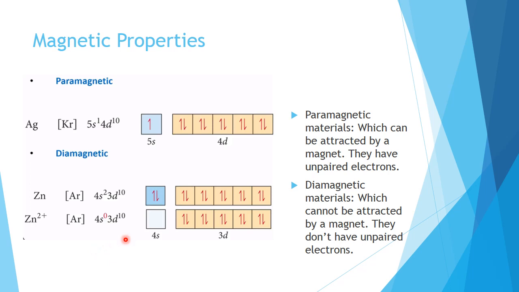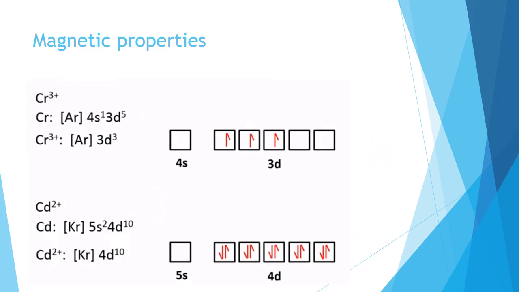Any atom or ion having paired electrons, because their spins are paired, does not have a net magnetic moment. Therefore, these materials cannot be attracted by a magnet, and they are called diamagnetic materials. If you have the example of chromium 3 plus, the electronic configuration of chromium 3 plus is this.